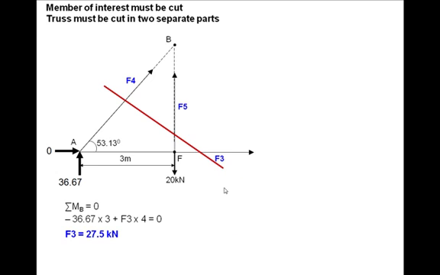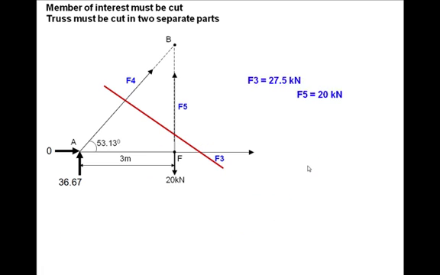Suppose I wanted F5. Then I look at F4 and F3. They pass through A. So I take moment about A, and I get it in a single equation. What is that equation? 20 into 3 and F5 into 3. So F5 itself comes out as 20. Great. And suppose I was interested not in F3 and F5 but only in F4.